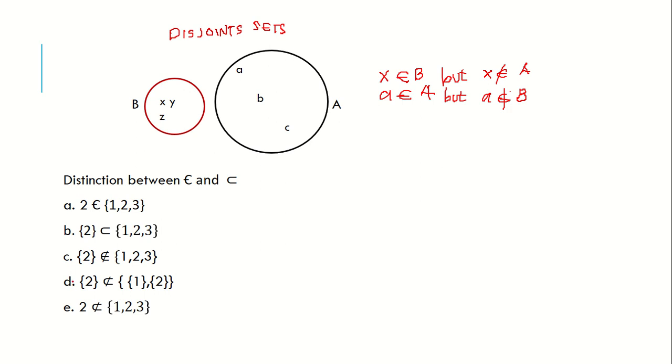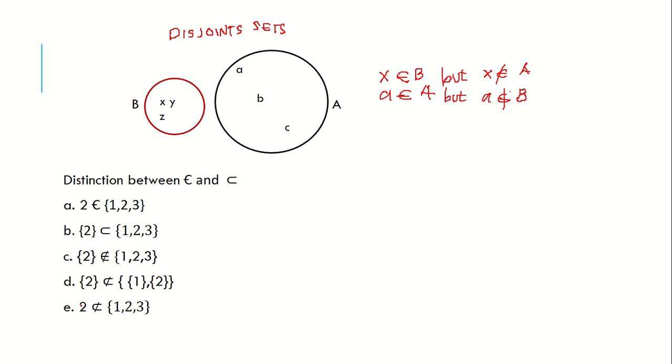Letter D, the set {2} is not a subset of the set having the elements {1} and {2}, because {2} is an element of the given set. Instead, to make it true, you might put this in a set. So you might have the set of set {2} is a subset of the given set.